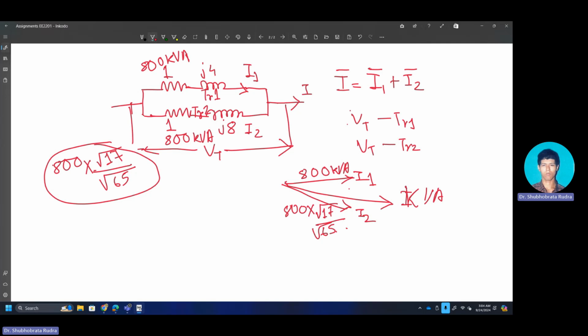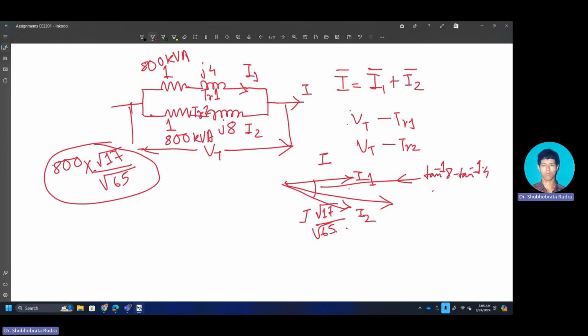What you need to find out, if this is I, say this is I, and this side you have I, this side you have I root 17 by 65, and what is the angle between them? You have to figure out. This is the angle, actually tan inverse 8 minus tan inverse 4, between them.